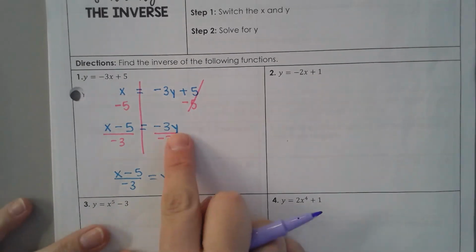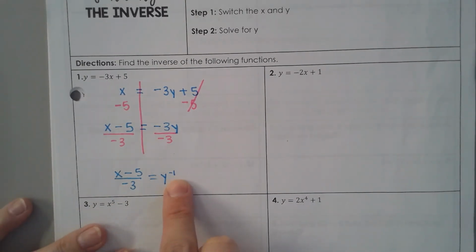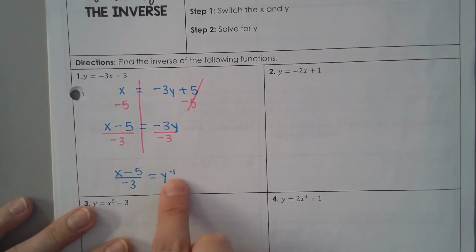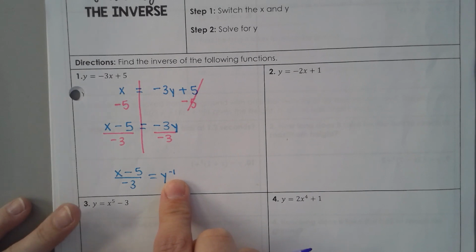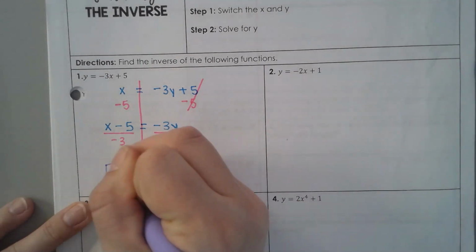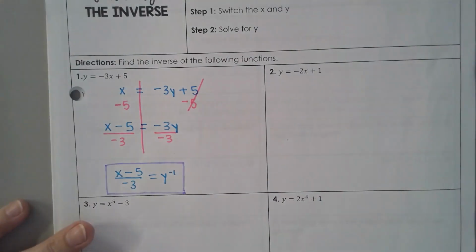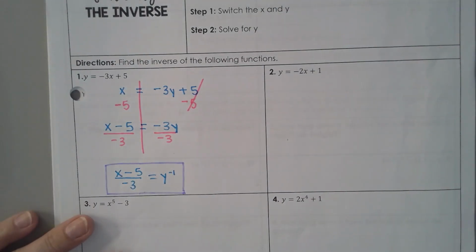I got y by itself, but the -1 exponent means inverse, so when you get your final answer, put the -1 exponent to show that it's the inverse. And we're done. Would that just be our answer? Yep. Whatever we get for x goes over the -3. It just depends on how it's written out.